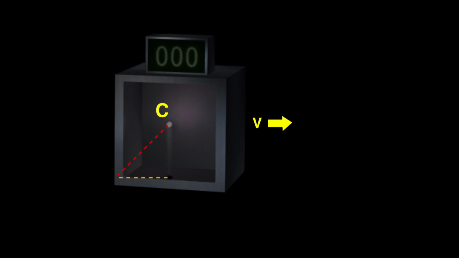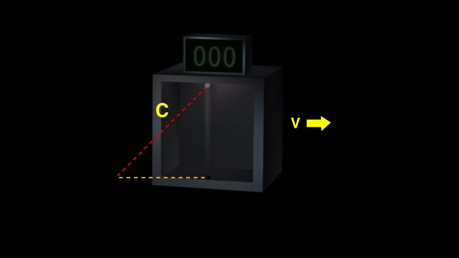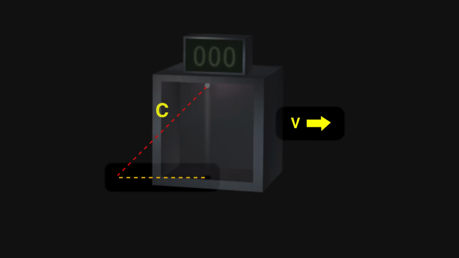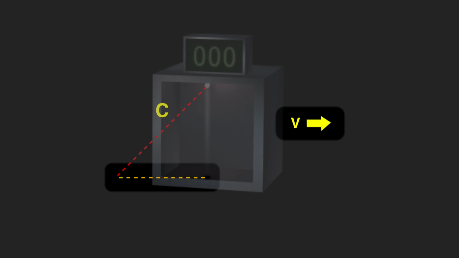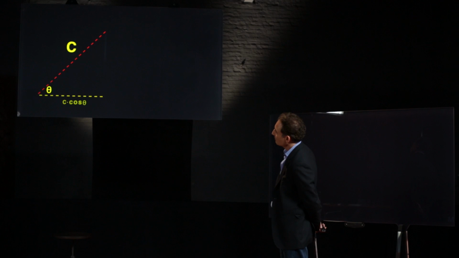So there's the moving clock, and there's the main point, that the component of the velocity of that light in the horizontal direction must be equal to the velocity of the clock. And the horizontal component of the velocity of light is just gotten by taking c times cosine theta.